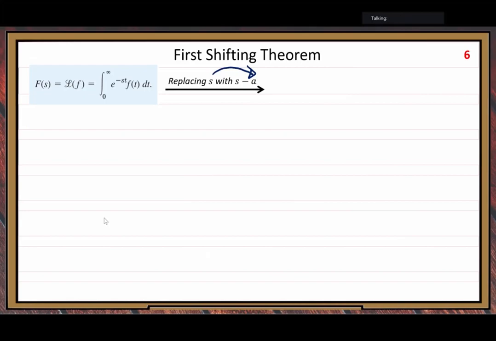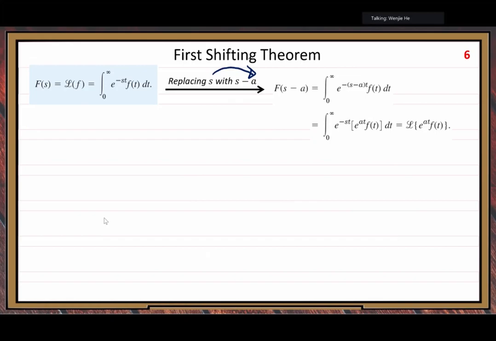All right. Then let's plug in, because you need to plug into the formula. For F of s minus a, you need to replace s by s minus a in the original formula. S minus a in the exponent, you can separate: e to the negative st and e to the at.